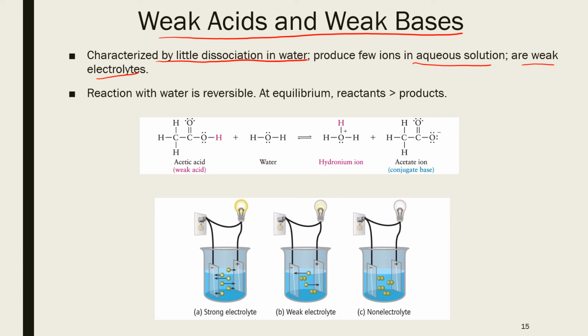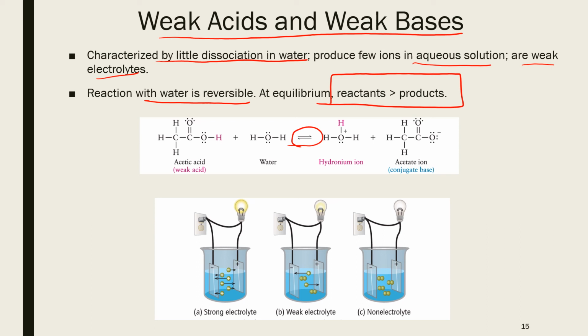The reaction of a weak acid or a base with water is reversible, and therefore the two half-headed arrows pointing in the opposite direction are used in the chemical equation. For a weak acid or a base at equilibrium, the concentration of reactant is much greater than the concentration of products.